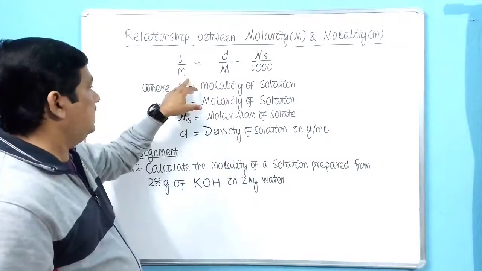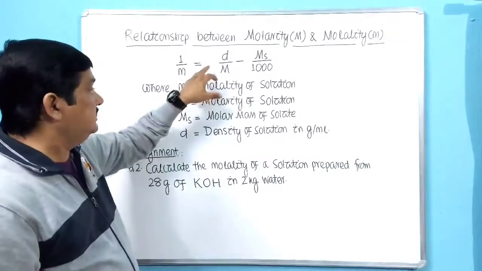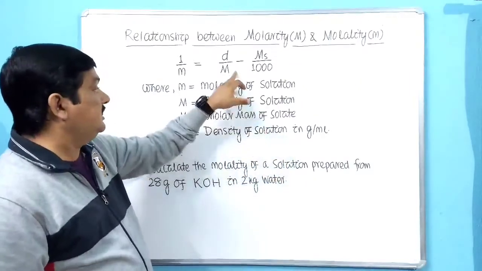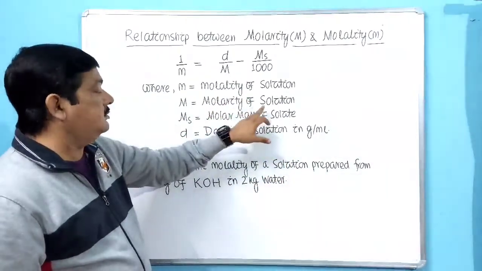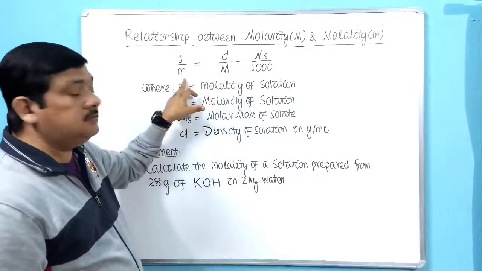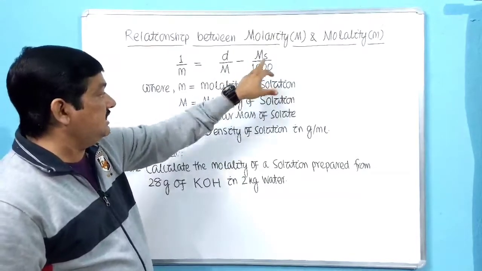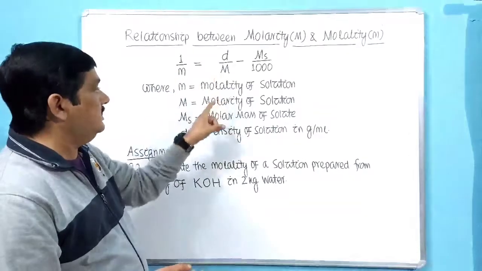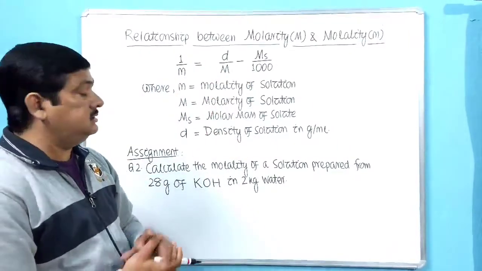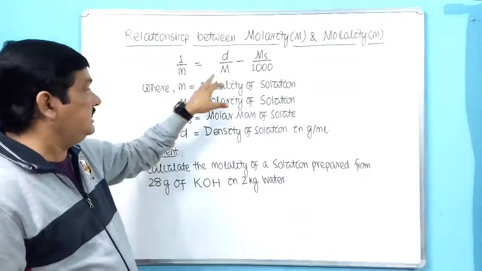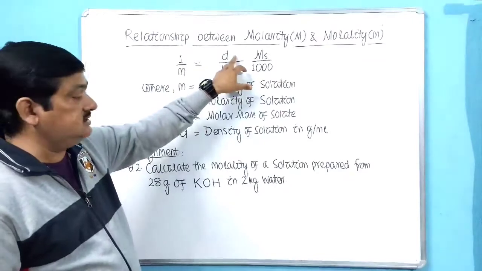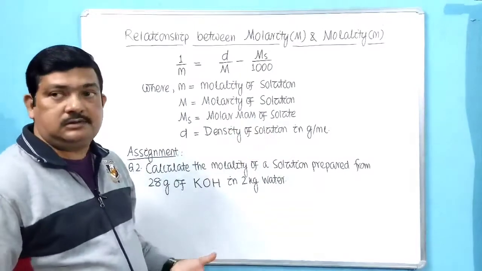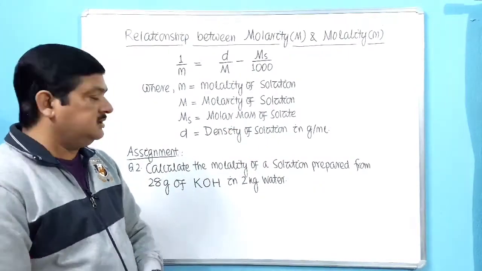A simple formula you have to remember: 1 by m is equal to d by M minus Ms by 1000. Here d is the density of the solution in gram per milliliter, M is the molarity of the solution, small m is the molality, and Ms is the molar mass of the solute. Simple formula which you have to remember.